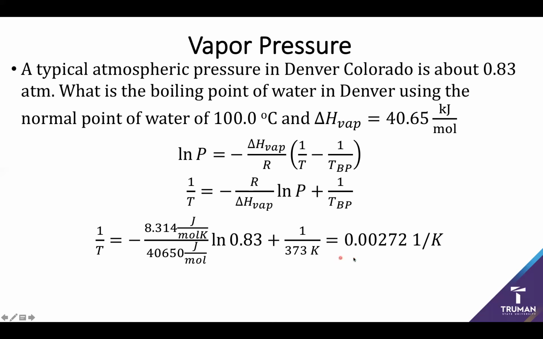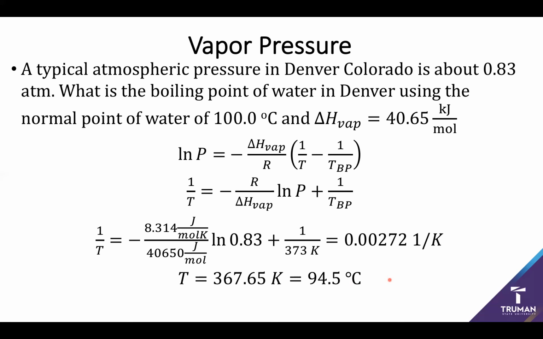When you solve for this, it turns out 1 over the new boiling point temperature is 0.0027 inverse Kelvin. Well, that's not convenient, so let's do 1 over this number. And it turns out that the boiling point of water in Denver, Colorado is about 94.5 degrees C. So a little more than 5 degrees Celsius, or about 12-ish degrees Fahrenheit lower than you would expect.